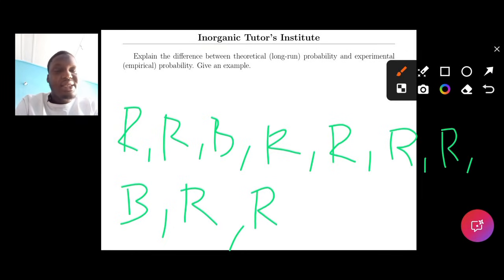In this case, you wouldn't say red and black have a 50-50 chance. Although they are just two, this is not theoretical probability. We don't assume that the chance of red is the same as the chance of black, but we look at what the data is saying. So from this data, how many red have we obtained so far?